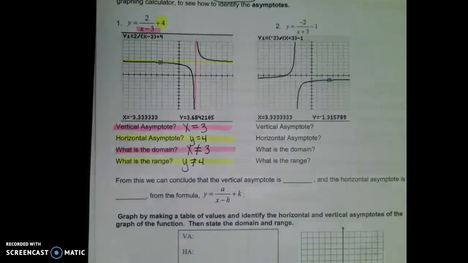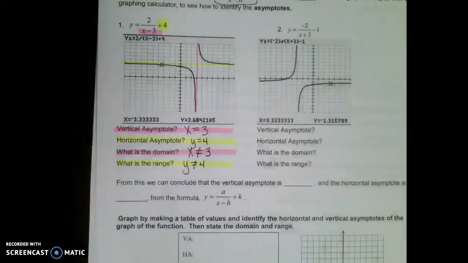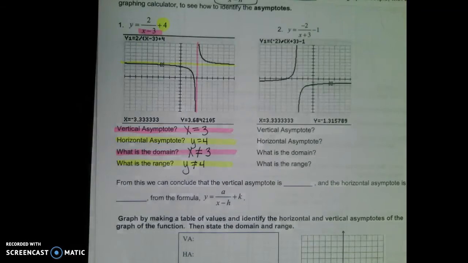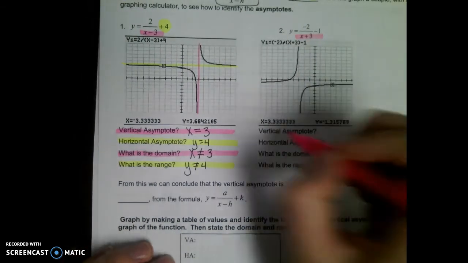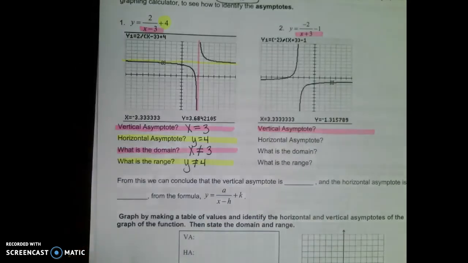Okay, so I tried to color code everything so you can see where things come from. So if I took this graph out on number 2, do you think that you could find the vertical and horizontal asymptote just from looking at the equation? If we look at this equation, on the bottom it says x plus 3. So what do you think the vertical asymptote is going to be?